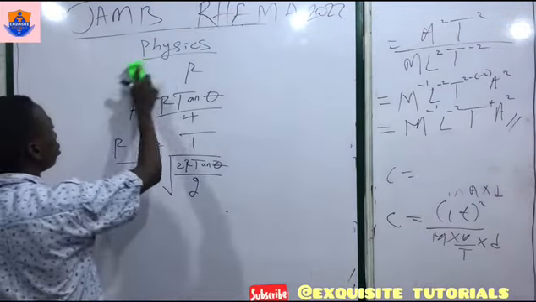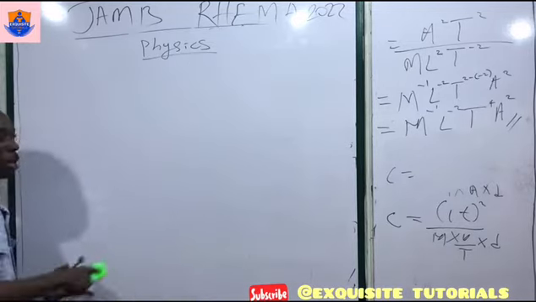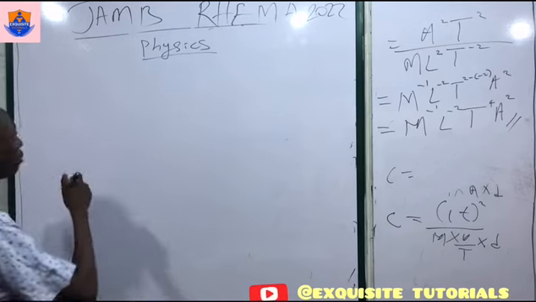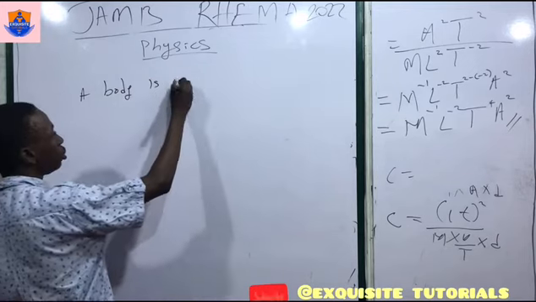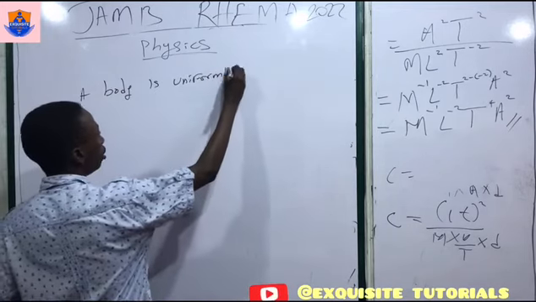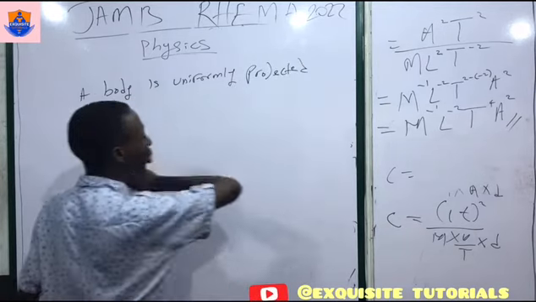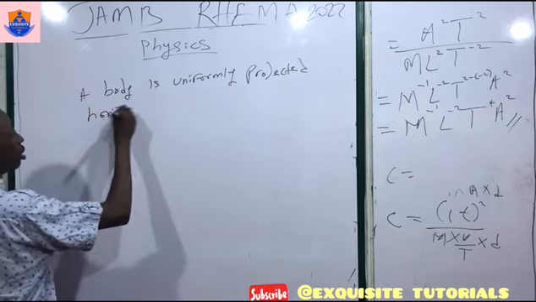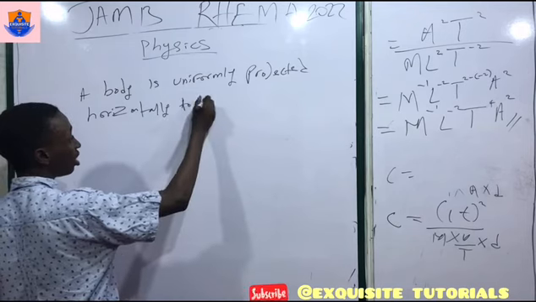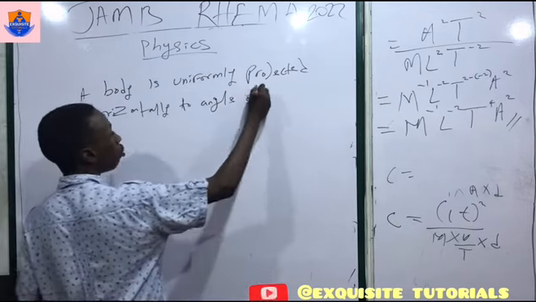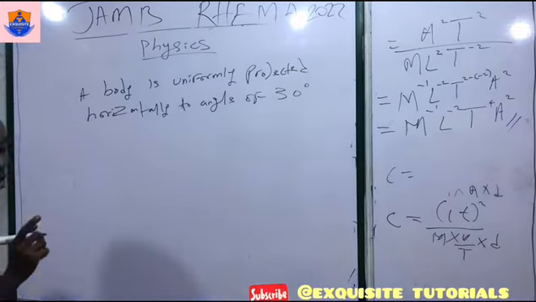Let's say a body is uniformly projected horizontally to an angle of 30 degrees.